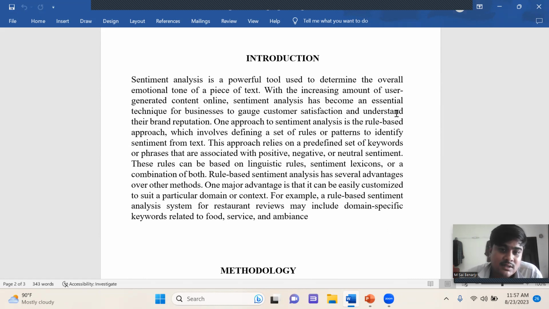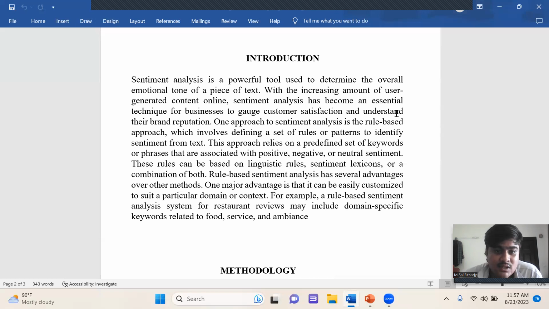This approach relies on a predefined set of keywords that can be associated with positive, negative, or neutral sentiment. These rules can be based on intuitive rules, and sentiment analysis can be a combination of both. Rule-based sentiment analysis has several advantages.